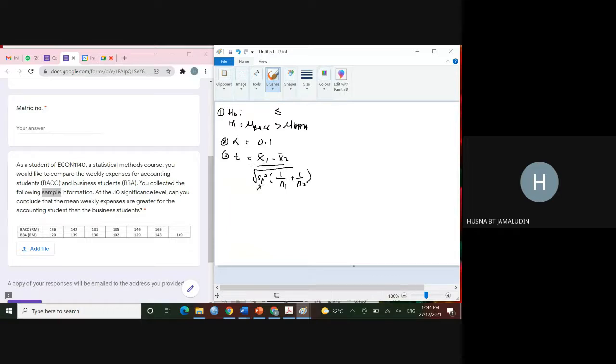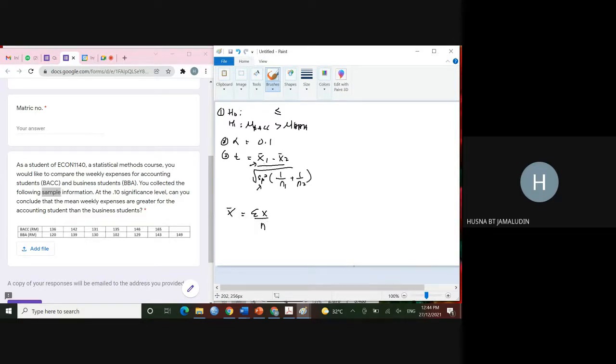You also have to compute the mean of these two samples. Do you know how to compute the mean, the x bar? What is the formula for x bar? The summation of all x divided by n.